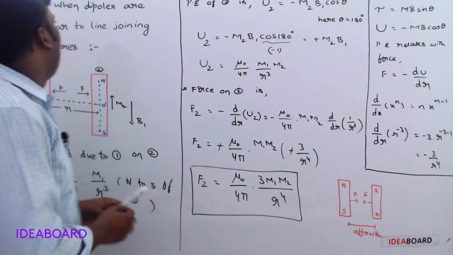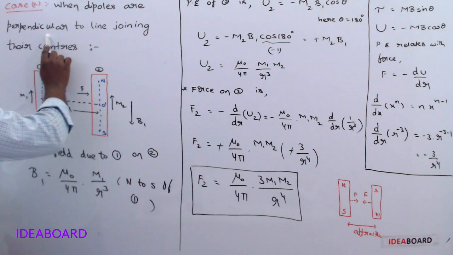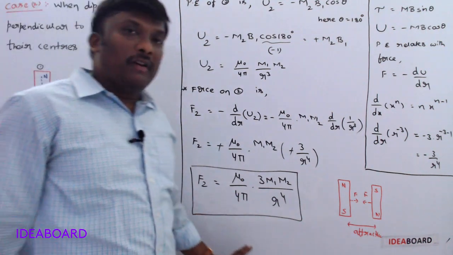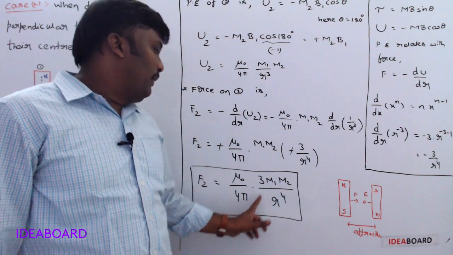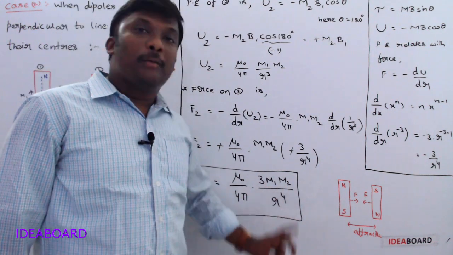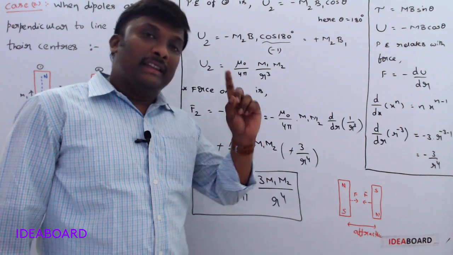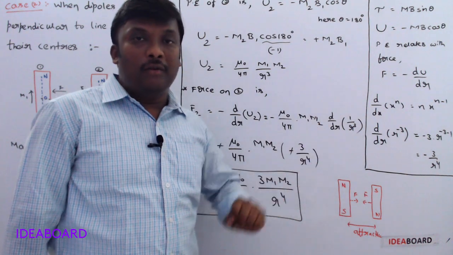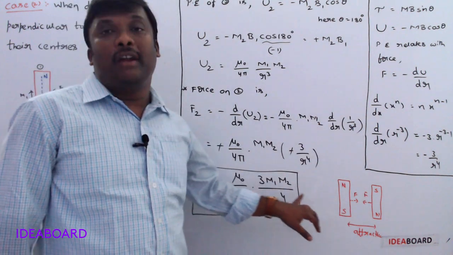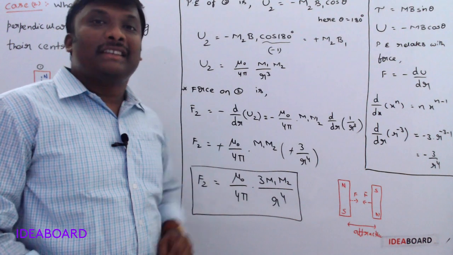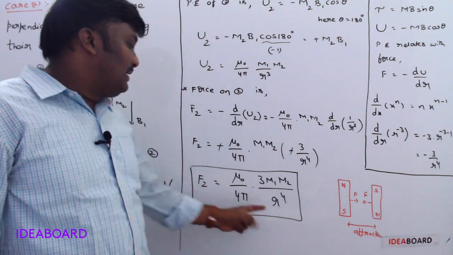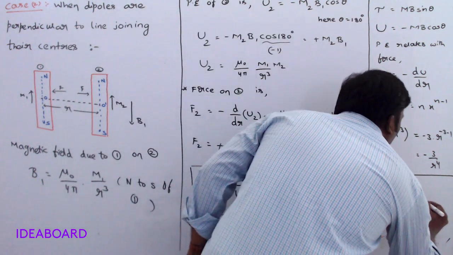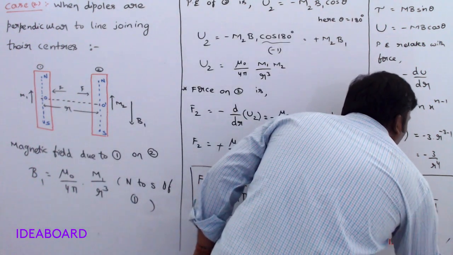So in case 2, the dipoles are perpendicular to the line joining their centers. We got the formula for the force again: mu naught by 4 pi 3 m1 m2 by r power 4. In case 1, it is mu naught by 4 pi 6 m1 m2 by r power 4. In case 2, it is 3 m1 m2 by r power 4. In both cases, the relation between the force and distance r is F proportional to 1 by r power 4.